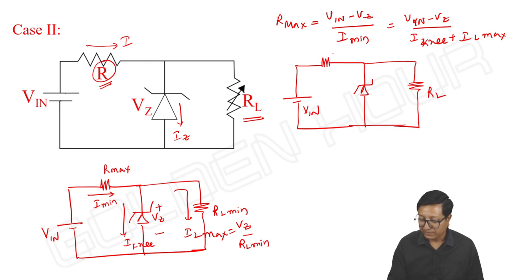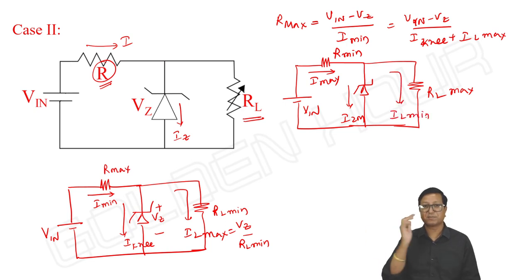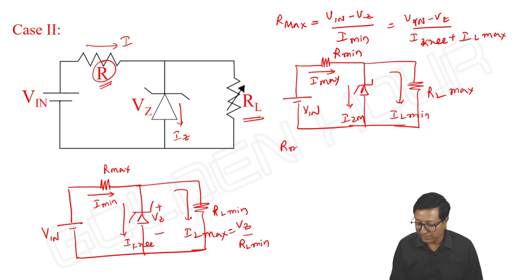RL, right? And input is constant, and I'm taking Iz is maximum. Iz is maximum means I should be maximum. I is maximum means R should be minimum. Iz is maximum if and only if RL is maximum. So IL should be minimum. That's it. Then what about R minimum?